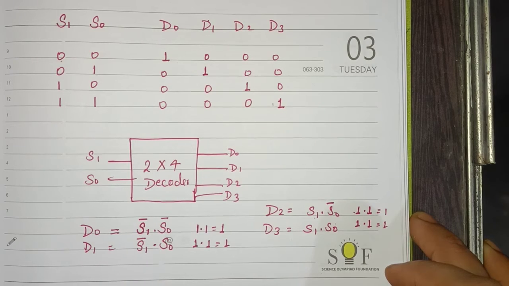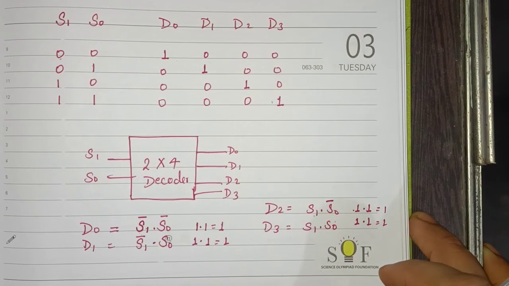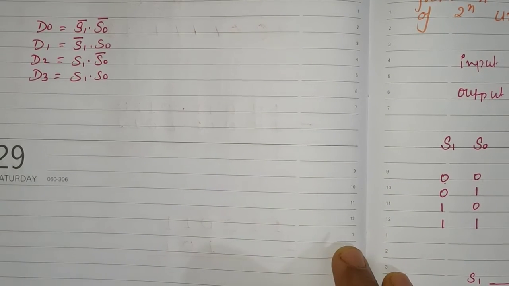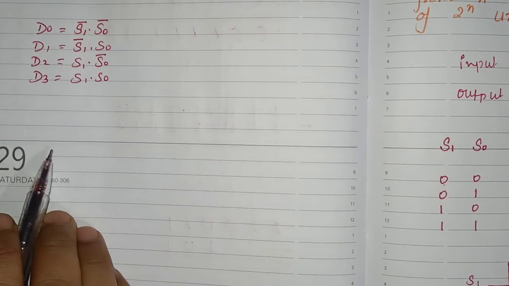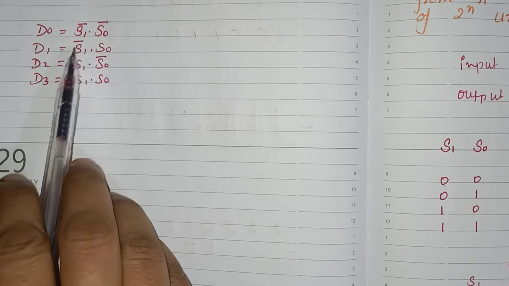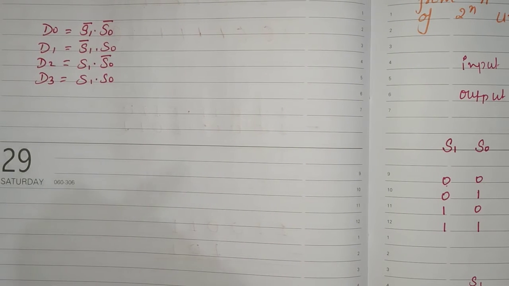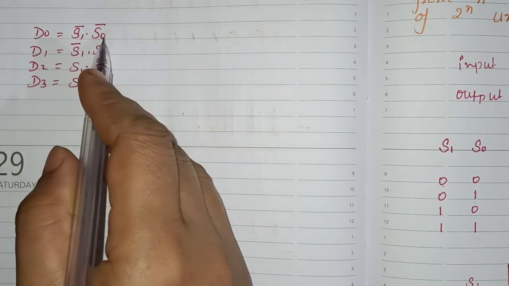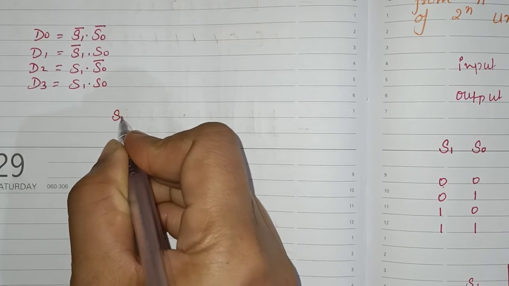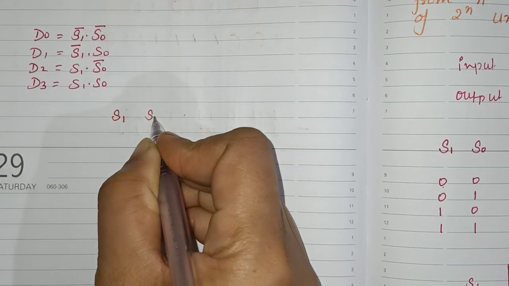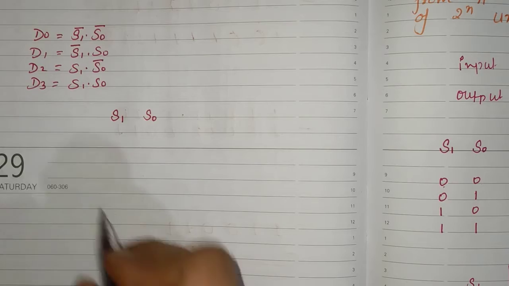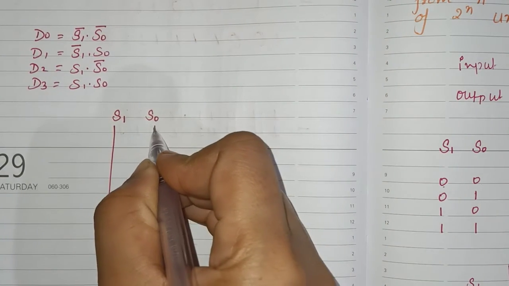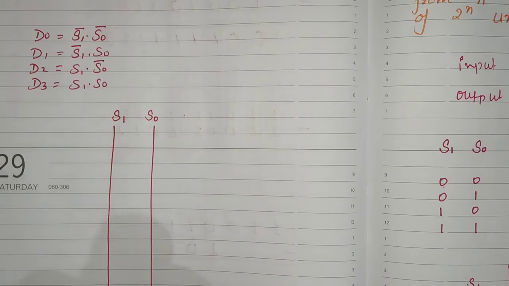Now let's see the logic circuit diagram of the 2 into 4 decoder. Let's see the truth table expressions. Here the dot operator is present, which means it will pass through an AND gate. So here are two inputs, S1 and S0. This is the line for S1 and this is the line for S0.